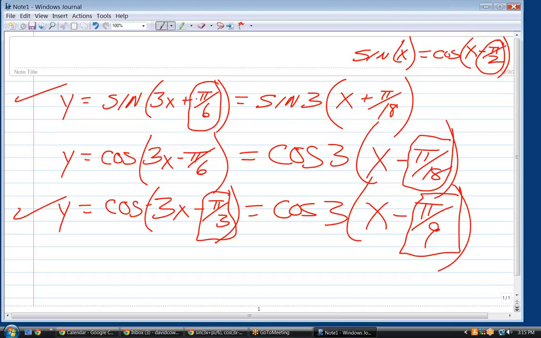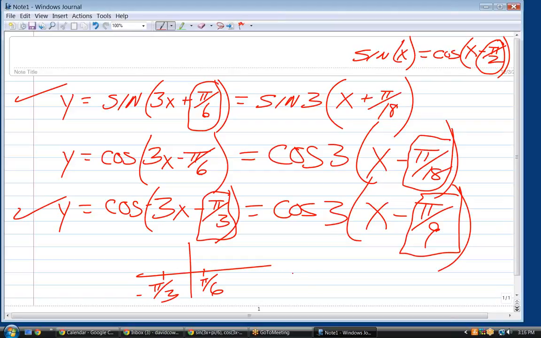Because all we want to do is find out which one of these things differ by pi over 2. If I'm on a number line and I'm going from plus pi over 6, in other words, here's my coordinate system, here's plus pi over 6, here's minus pi over 3, if those are separated by pi over 2, then we have our answer.